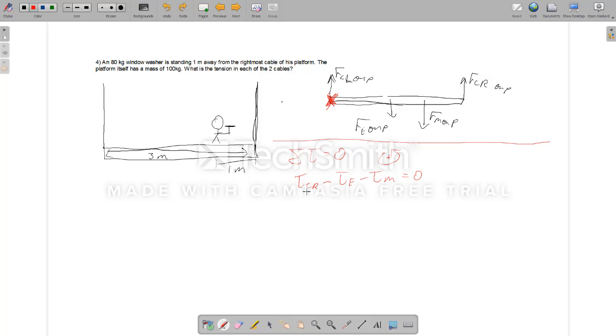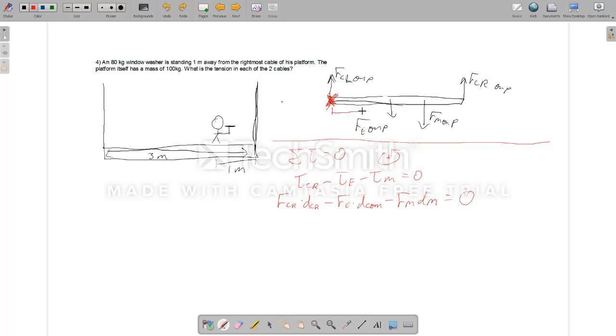So plugging in our equations for torque, we have force cable right times the distance to cable right, minus force Earth times distance to the center of mass, minus force man times the distance to the man. Now all these distances, as you'll recall from the equation for torque, are the distances from the pivot point to the force.